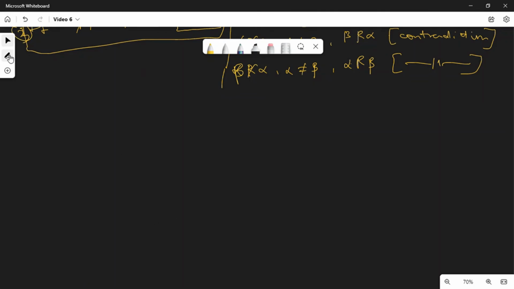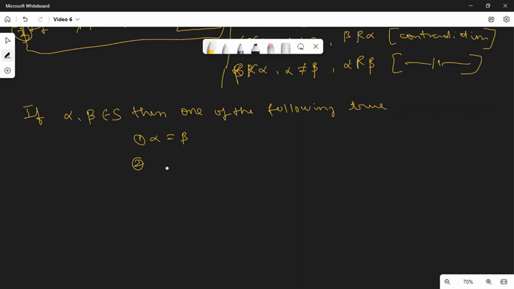That means if alpha and beta belong to S, then one of the following will be true: either alpha is equal to beta, or alpha is related to beta.